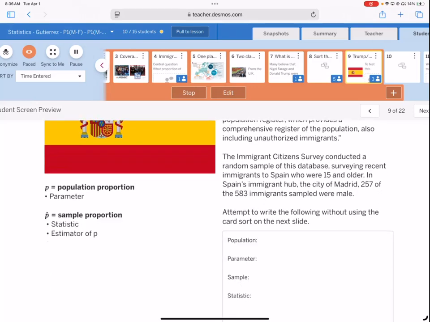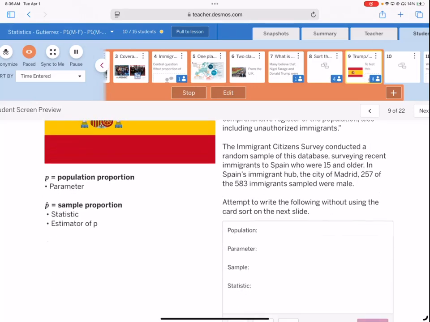The Immigration Citizens Survey conducted a random sample of a database surveying recent immigrants to Spain who were 15 and older in Spain's immigration hub, the city of Madrid. 257 of the 583 immigrants sampled were male. So what was the population? What was the parameter? What was the sample? And what was the statistic?